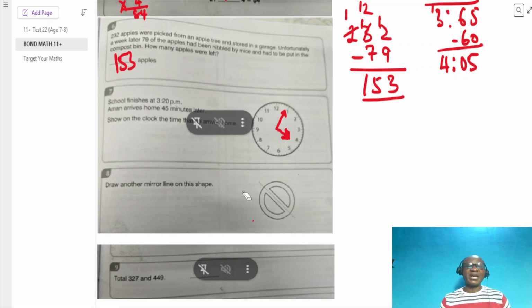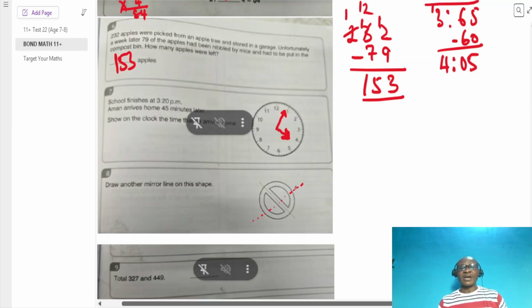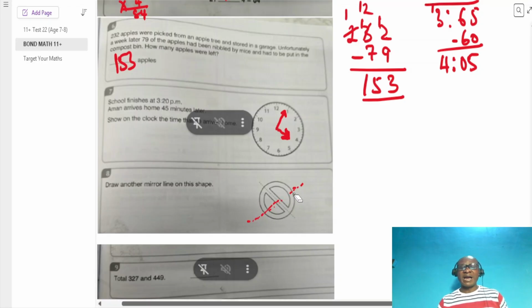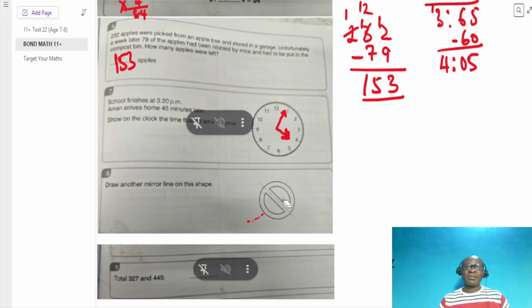Let me repeat it again. When you are using your ruler, once you place it correctly at the middle, you draw a very straight line. Is that okay? Yes. So that is how it can be drawn, and that is simply dividing it into 2 equal parts. Mine still doesn't look the way I want it to look because I'm not using a ruler.